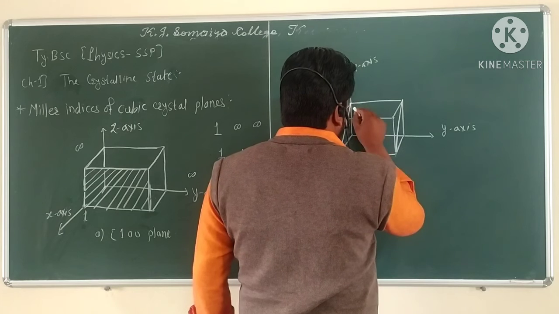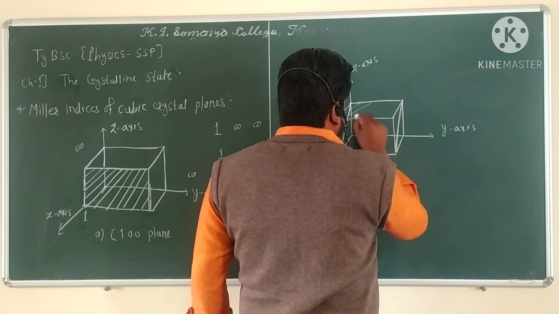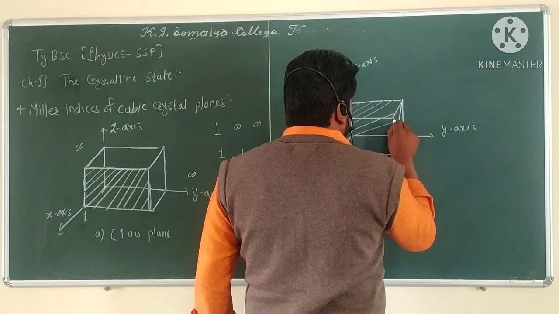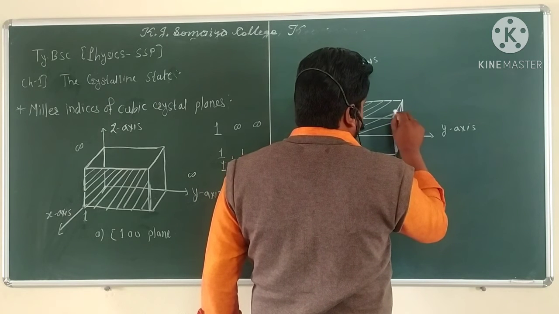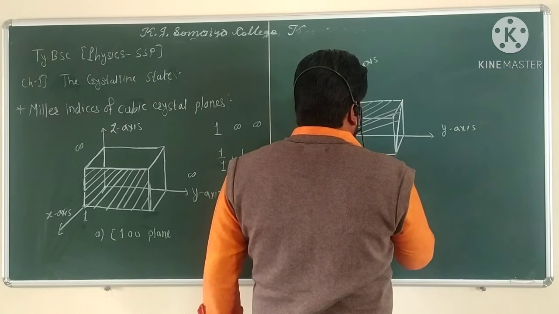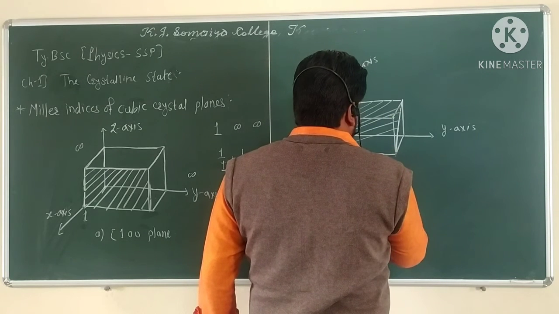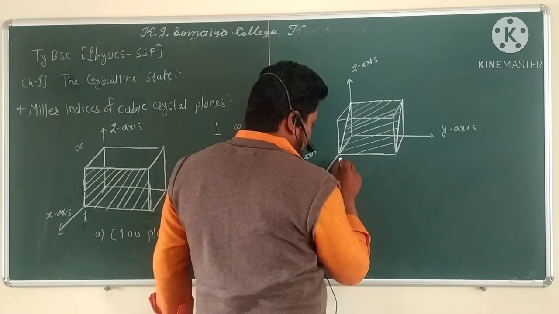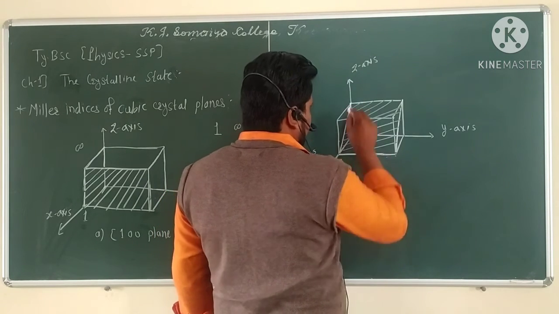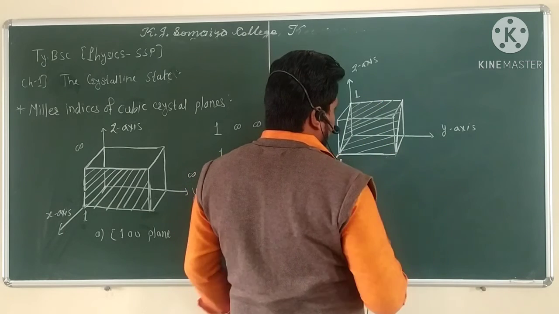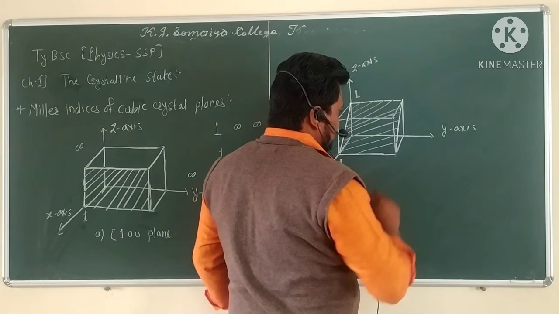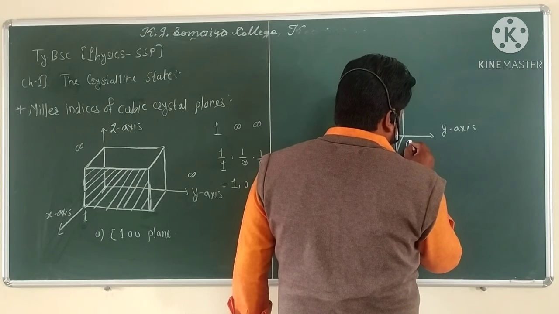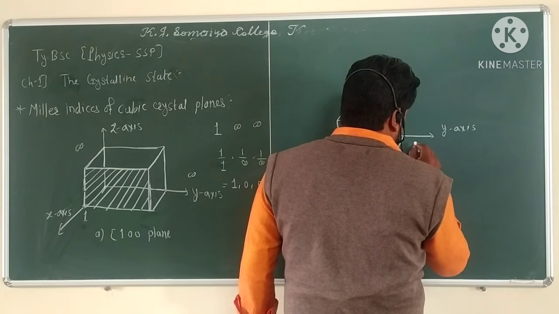So this type of plane is parallel to the y-axis and intersects the x-axis and z-axis. In this plane the numerical parameter on the x-axis is 1, on the z-axis is 1, and it does not intersect the y-axis, so that is considered infinity.